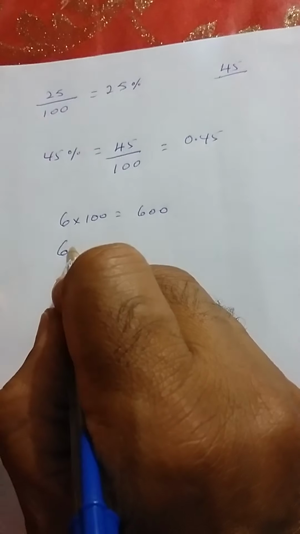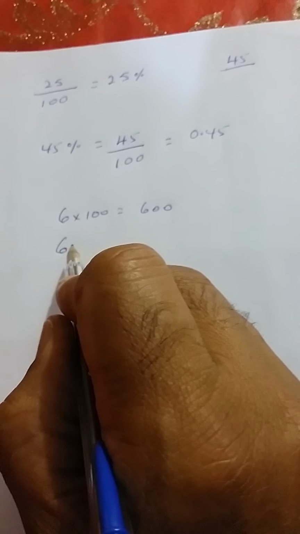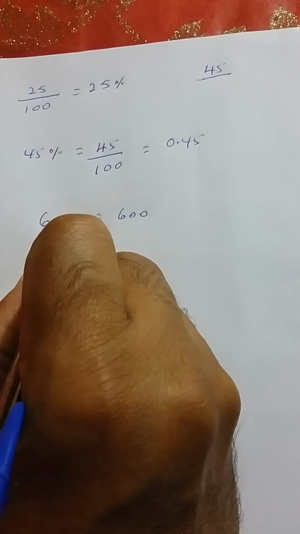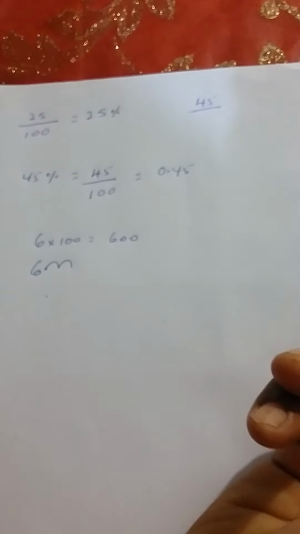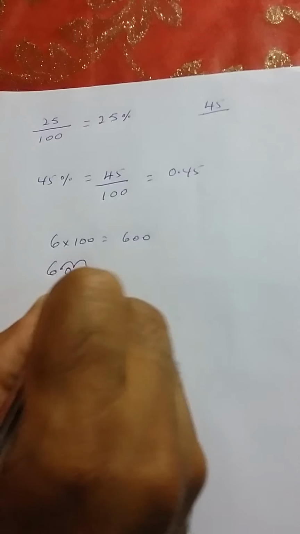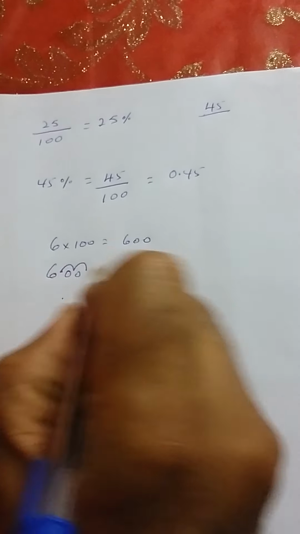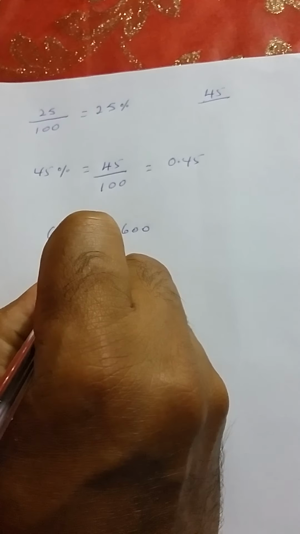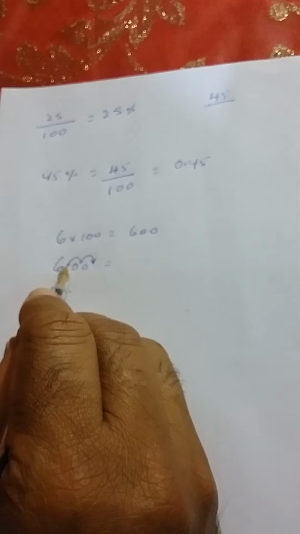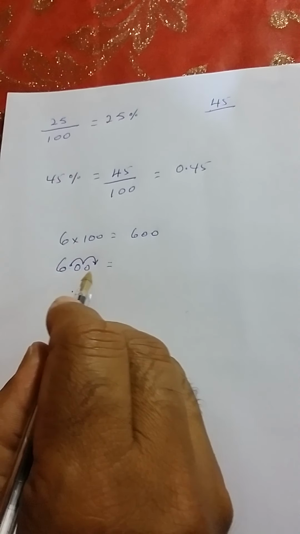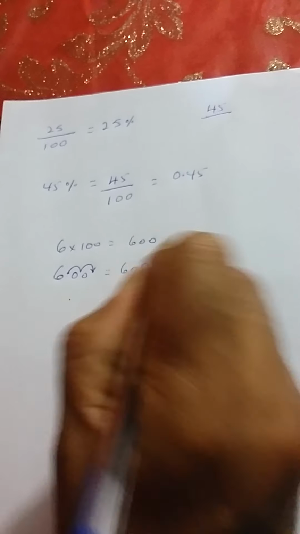So if we have 6 times 100, we can just shift the point 2 places to the right, and we fill up with zeros. It was here, we shifted 2 places to the right, so we end up with 600.